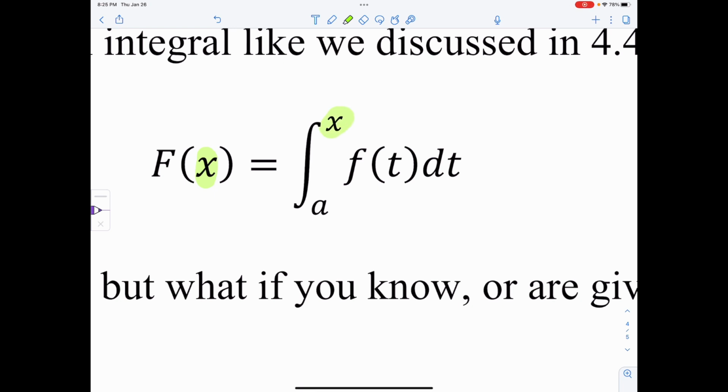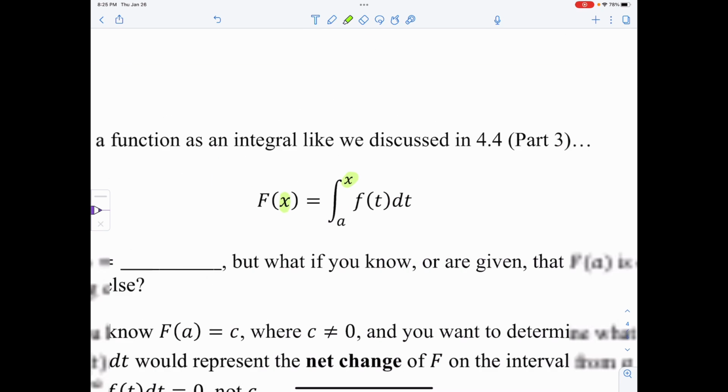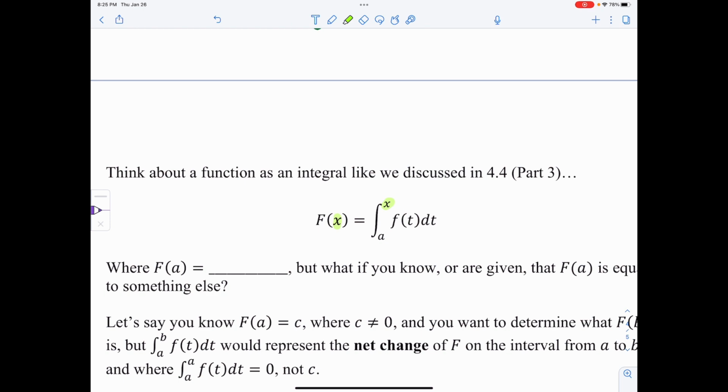And then you end up evaluating f of t on the interval from a to whatever x is, right? So that ends up being capital F of x, or F of whatever the number is that you've plugged in, minus capital F of a. That's how we can treat the definite integral as a function.